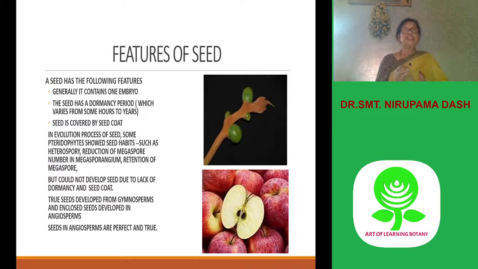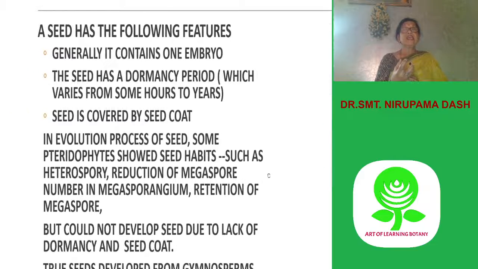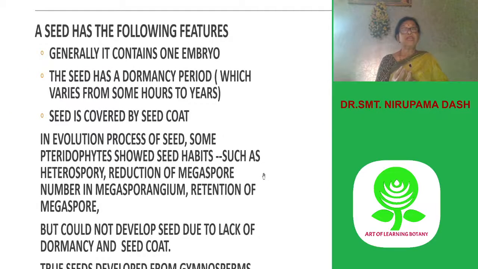Let us see the features of seeds. What main features are seen in the seed? The seeds show the following features. Generally, it contains the embryo, which is covered by a seed coat, and it has a dormancy period, and this dormancy period varies from hours to months and to years depending on different types of species.